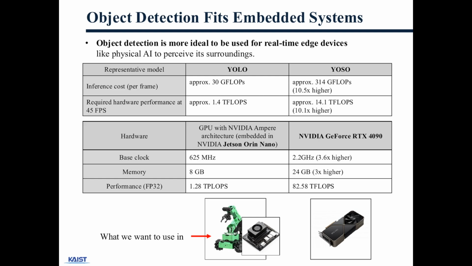This slide shows the inference cost and the hardware computations required for YOLO versus YOSO, which is a segmentation algorithm. You can also run your object detector with an LLM like ChatGPT loaded onto this robot to enhance the performance.